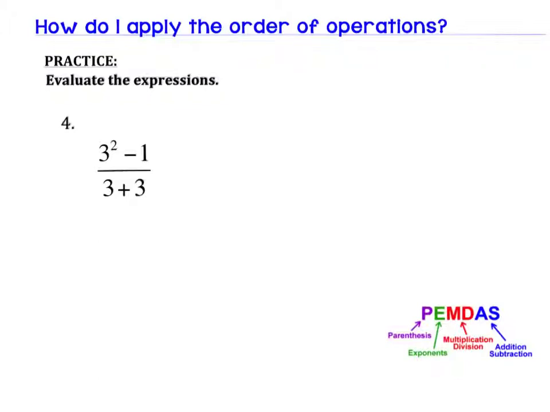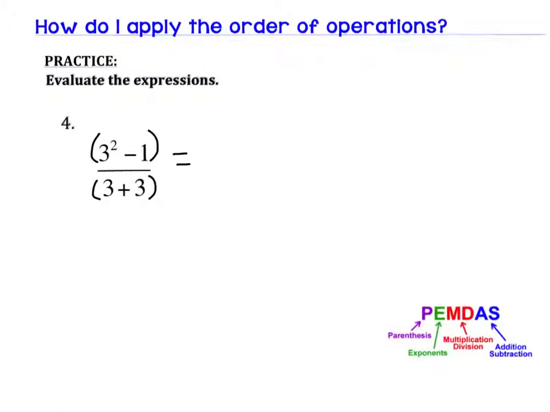All right, so evaluate 3 squared minus 1 all over 3 plus 3. For problems like this, you need to think about this, or just go ahead and put the parentheses around them, because you need to evaluate everything on the top before evaluating everything on the bottom. And it's especially important if you're plugging a problem like this into your calculator that you press the equal sign before you go on and divide by what you have on the bottom.